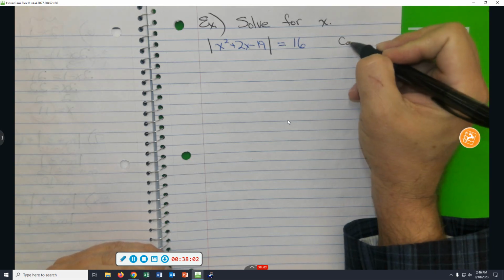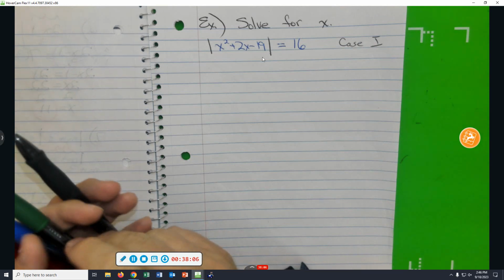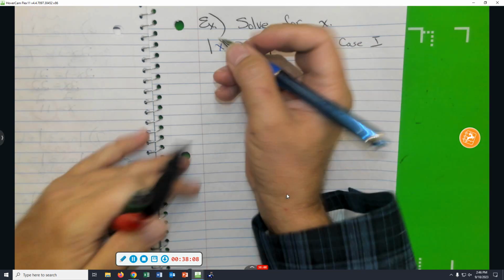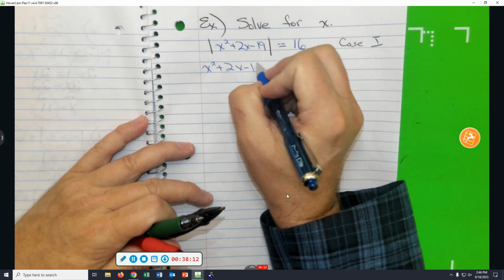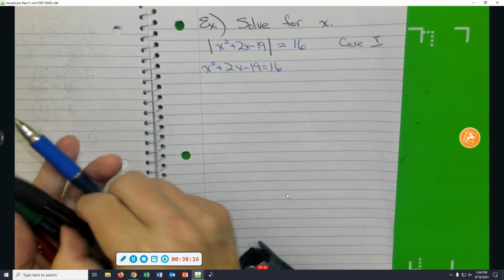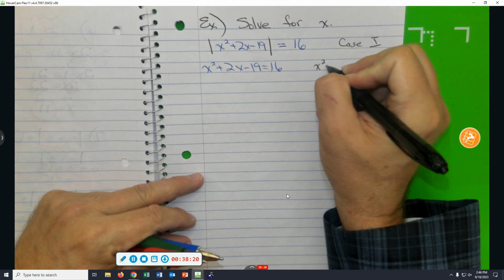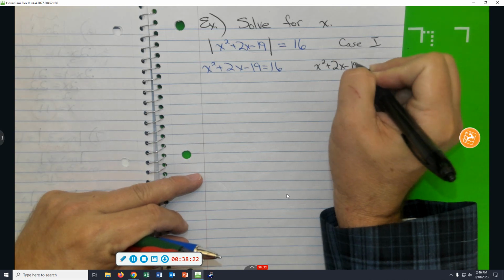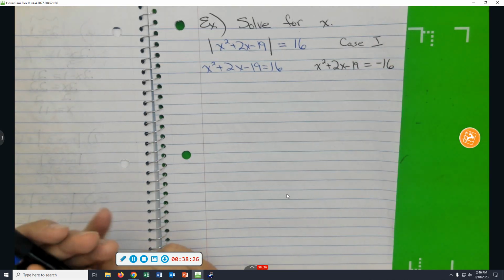There are going to be two possibilities. You have that x squared plus 2x minus 19. The stuff inside the absolute value bar has to equal positive 16, or the stuff inside the absolute value bar has to equal negative 16.